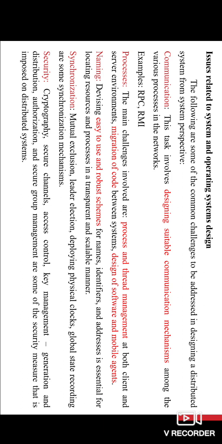So we need to communicate from one system to another system to perform a particular job. So how to design a suitable communication mechanism? It is the primary challenge in distributed system. So we have so many communication mechanisms like RPC, RMI, etc.